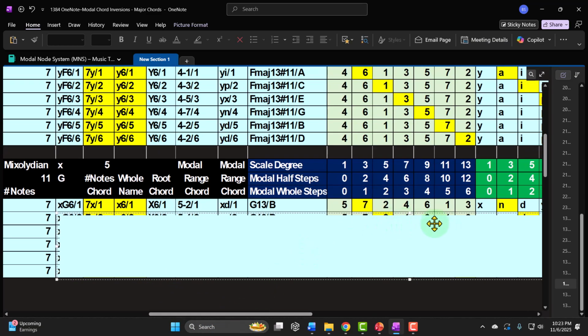And so now, normally, if it was a 7-note Mixolydian chord, it has its own naming convention. So we call that then the note name and then the number 13 for the scale degree.